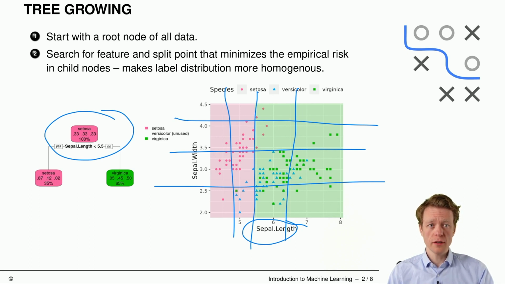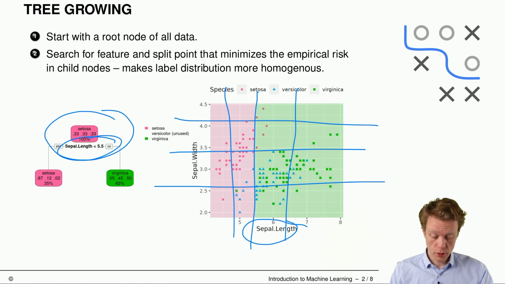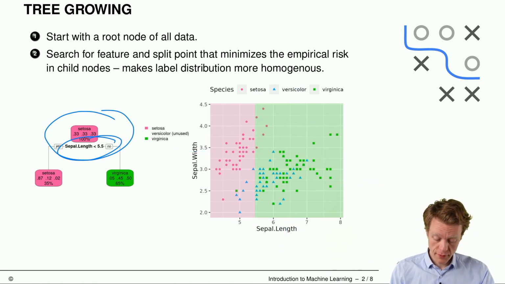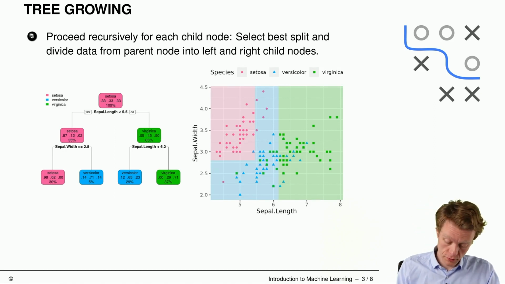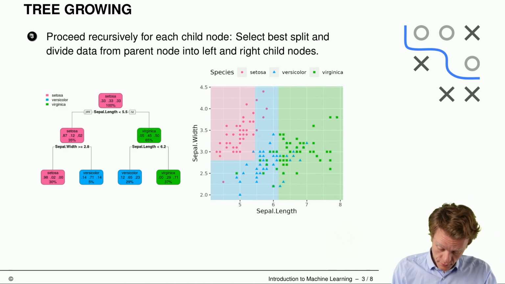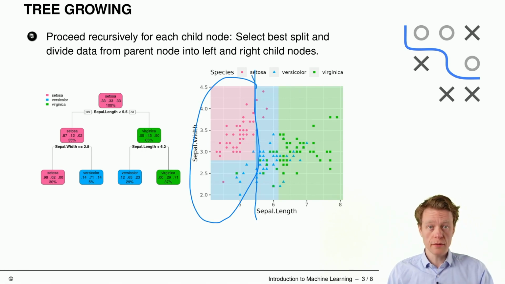And the best split point is then chosen, and here apparently it was sepal length equaling 5.5, so exactly this split here. Once we have done this, we do this recursively for those child nodes too. So we first split it here. Now we have to look at what we will do there.